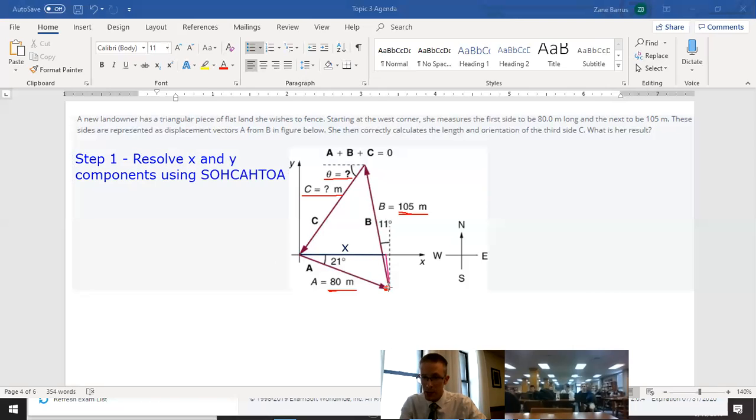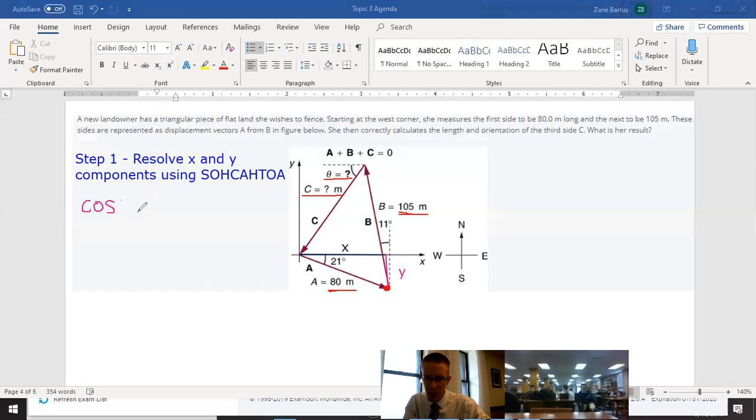All right. So if I wanted to figure out what x and y were, we're going to need to use SOHCAHTOA. I can figure out what x is by using cosine. Cosine stands for adjacent over hypotenuse.